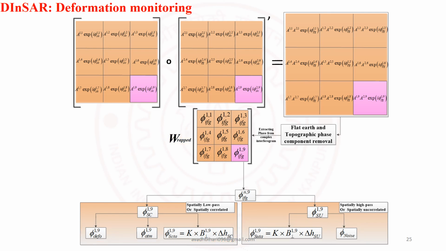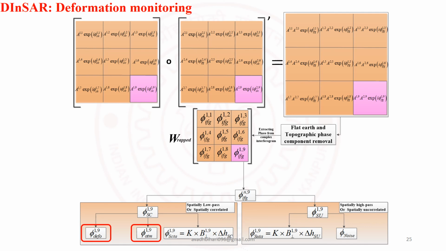Now I want to know how these phase components behave spatially. First of all, deformation. If a building is under subsidence, a nearby building will also be under subsidence. So deformation is spatially correlated, or spatially low pass in nature. For a range of kilometers, the atmosphere doesn't change. So in neighboring pixels, the atmospheric phase component will not vary too much, and thus this one is also spatially low pass.